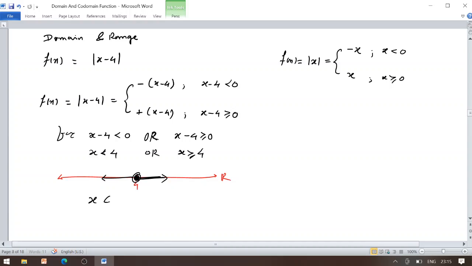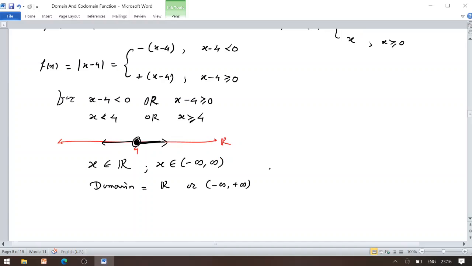That means x belongs to, as per the union of both intervals, the set of real numbers. In terms of interval, x belongs to the open interval minus infinity comma plus infinity. So this is the domain of the given function. Thus f of x is defined for all real values of x. So the domain is the set of all real numbers, or in terms of the interval, minus infinity comma positive infinity.